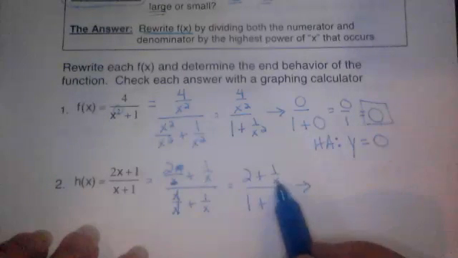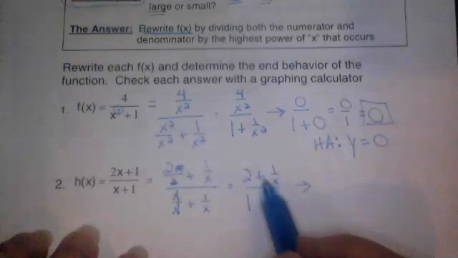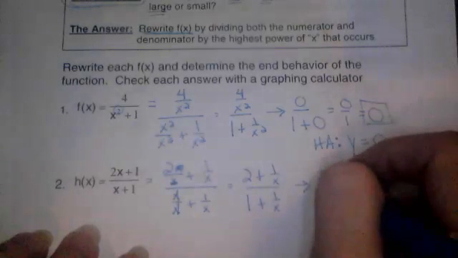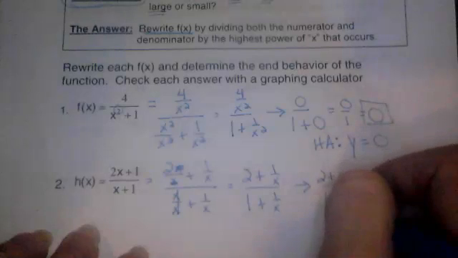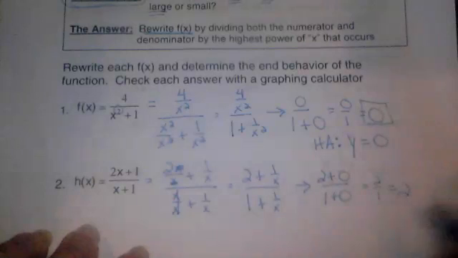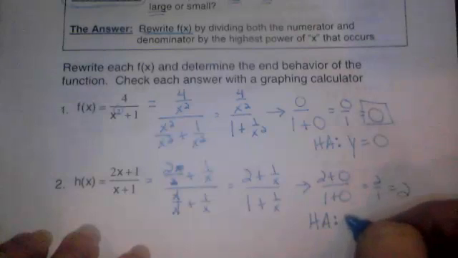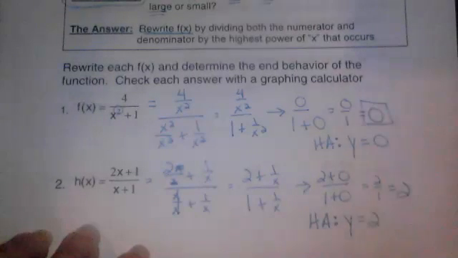The bigger it gets, the smaller this overall number gets, or closer and closer to 0. So I get 2 plus 0 over 1 plus 0, or just 2 over 1, which gives me 2. So in this example, I'm going to have a horizontal asymptote at y equals 2.